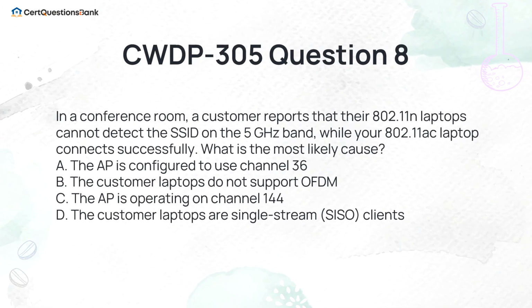In a conference room, a customer reports that their 802.11n laptops cannot detect the SSID on the 5 GHz band, while your 802.11ac laptop connects successfully. What is the most likely cause? A. The AP is configured to use channel 36.